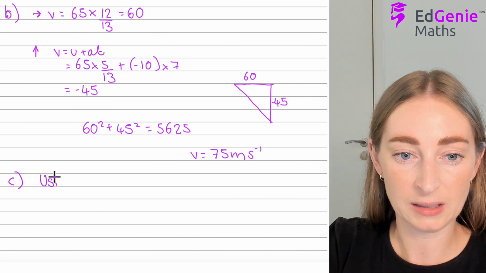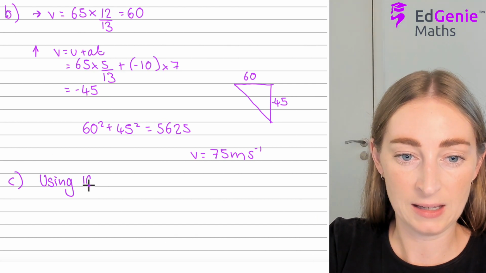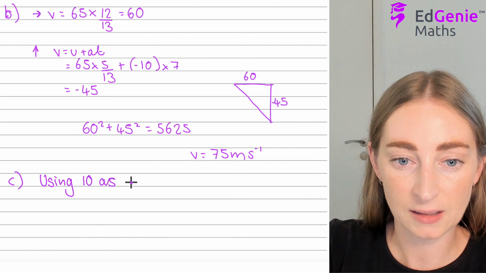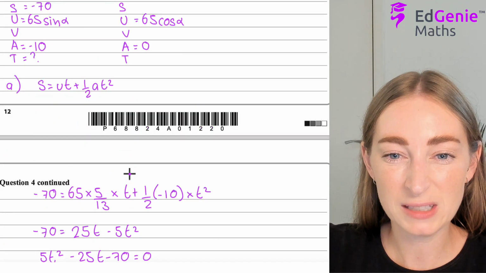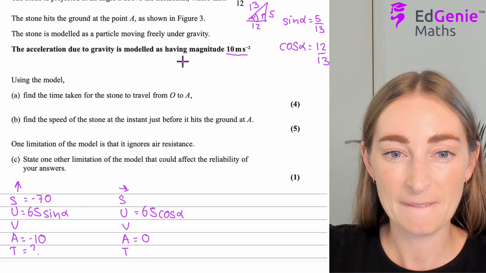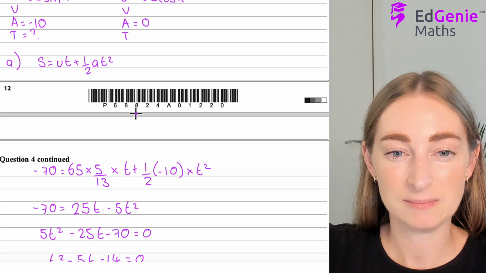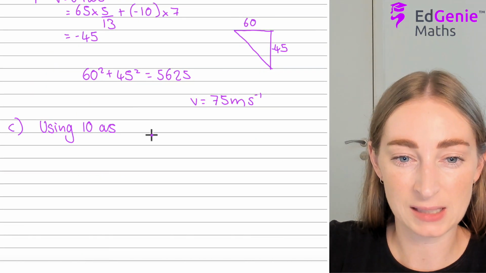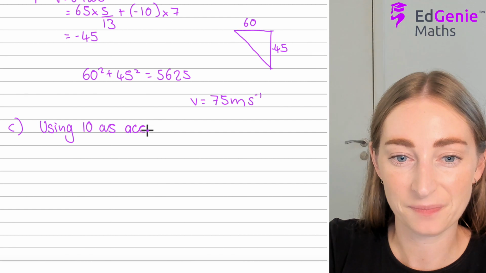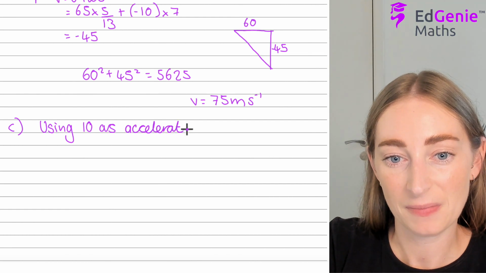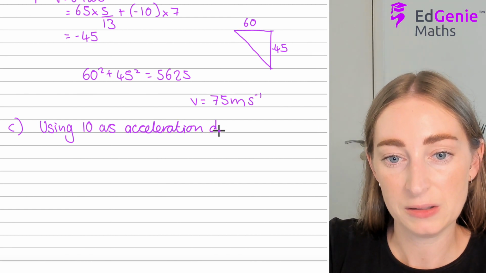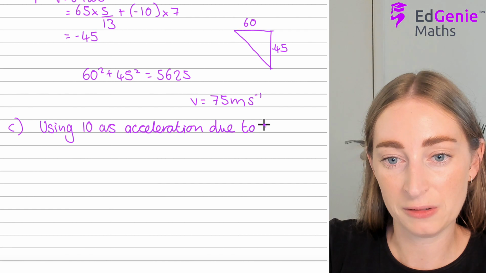So using 10 as, should I say gravity? Let's think. Yeah, I'll put as acceleration due to gravity.